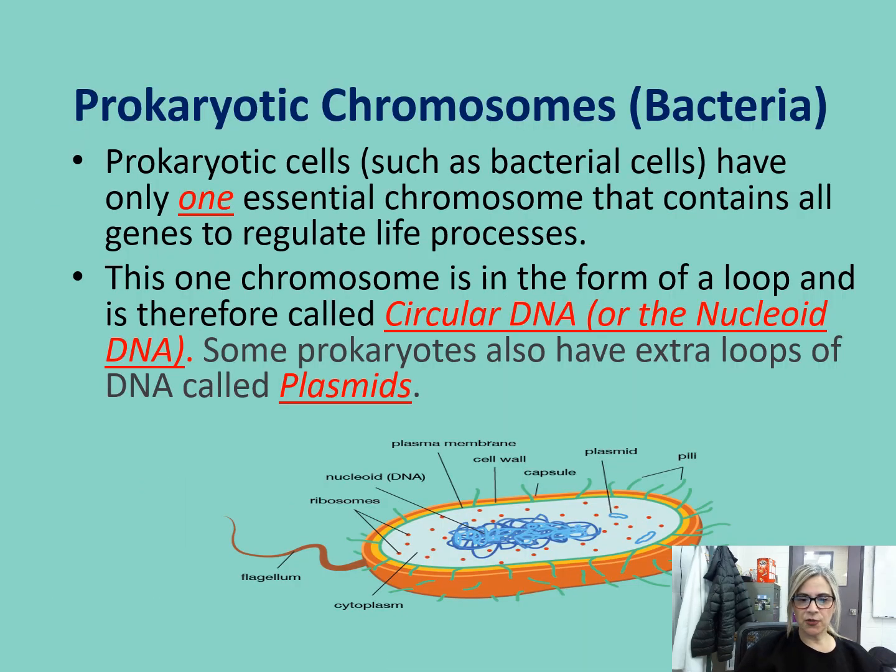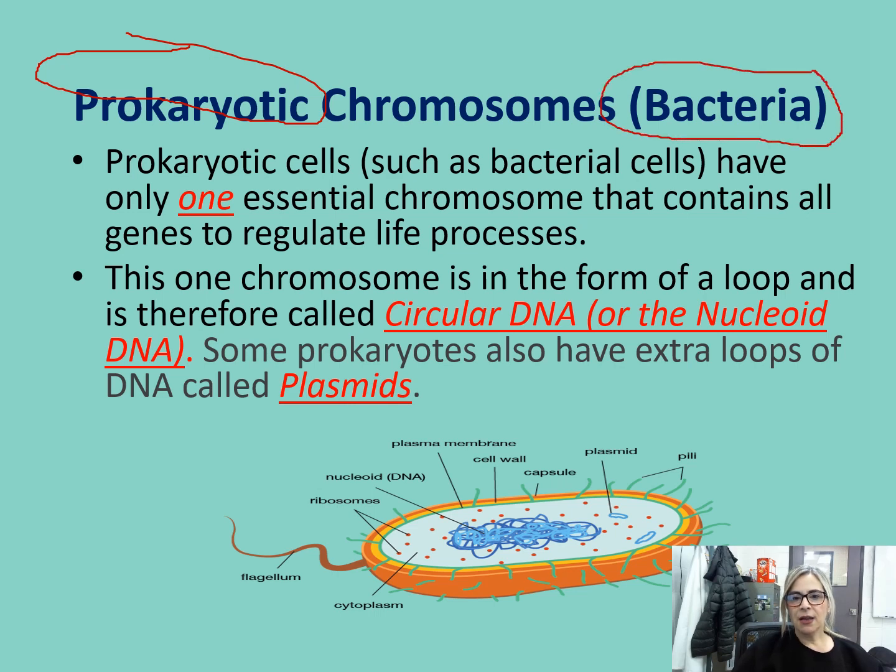So the last little piece for this section is, going forward, as I said, our focus definitely is on eukaryotic organisms, but in our program of studies, it does ask that we understand the difference between eukaryotic and prokaryotic DNA. So here's the key. Prokaryotic organisms, which are mostly bacteria, do not have a membrane-bound nucleus, okay?